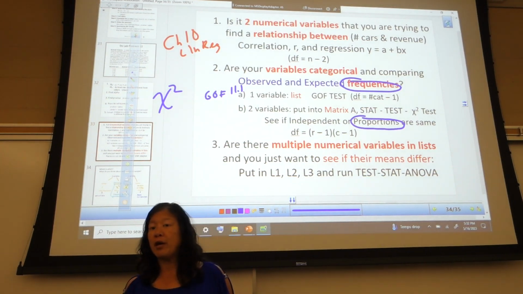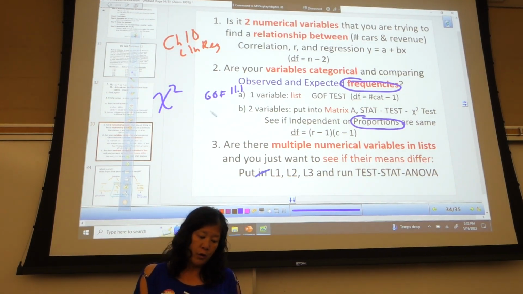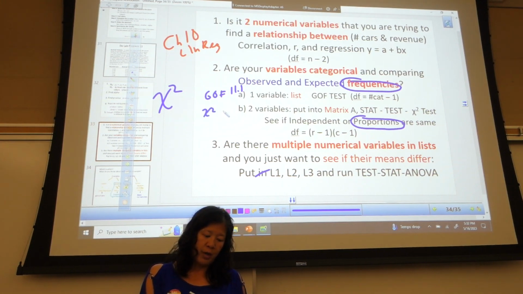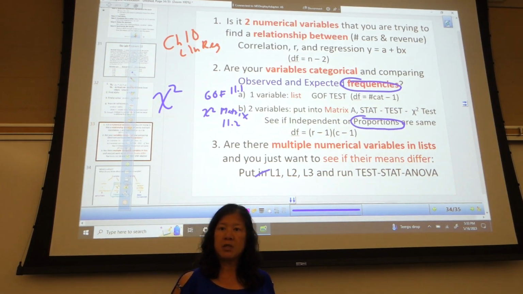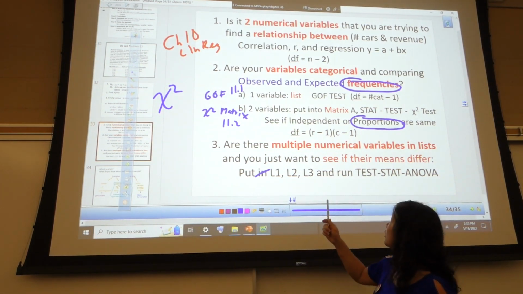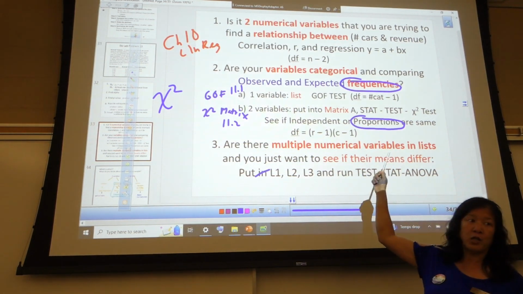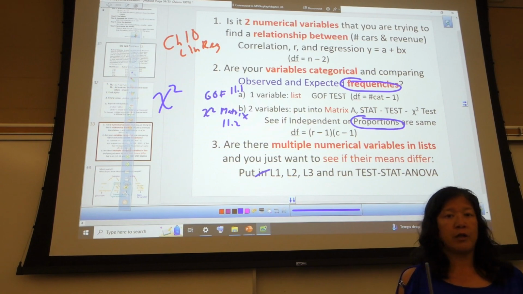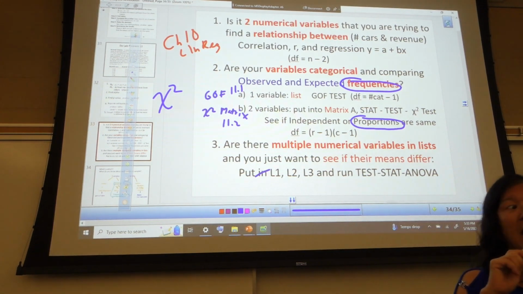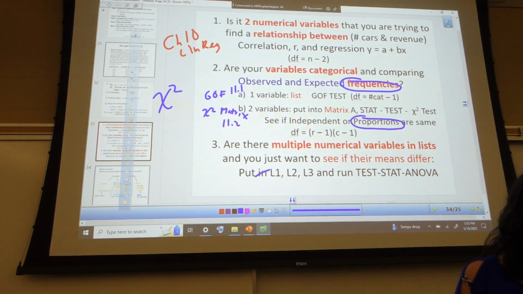And are you male or female? That's going to be the chi-squared matrix, 11.2. Makes sense. And again, often mention frequency, proportions. Those are all the chi-squared type words. Your variables are categories.